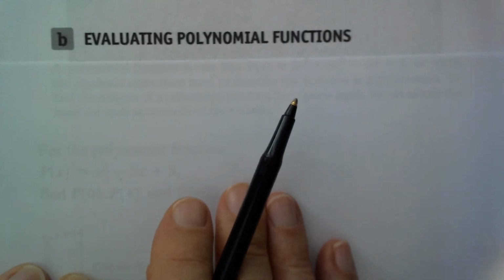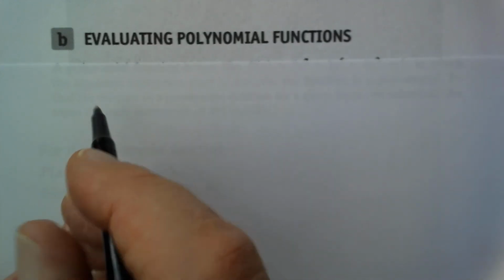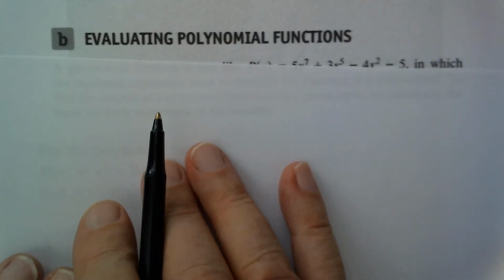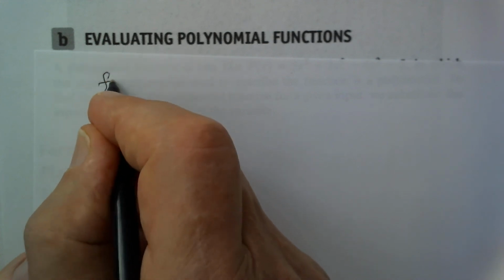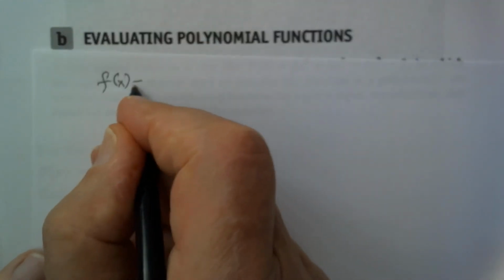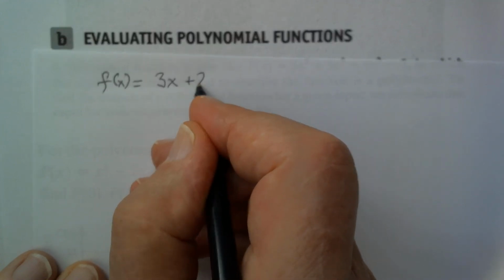Next, we're talking about evaluating polynomial functions. Now, we've talked about functions before, and we had function notation that may have looked, for example, like f of x is equal to, let's say, 3x plus 2.